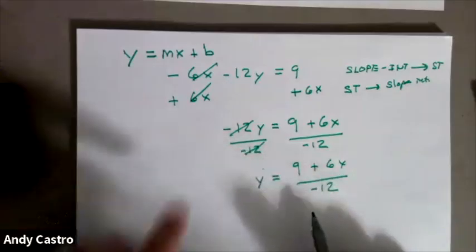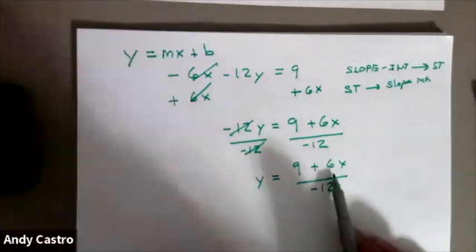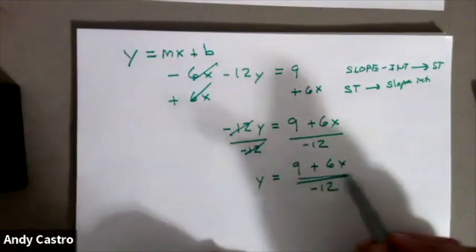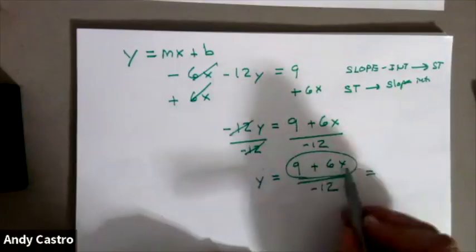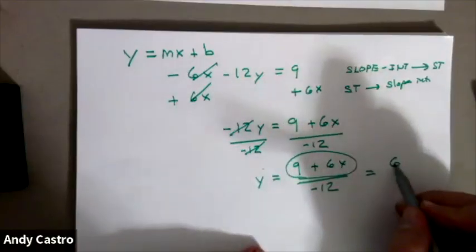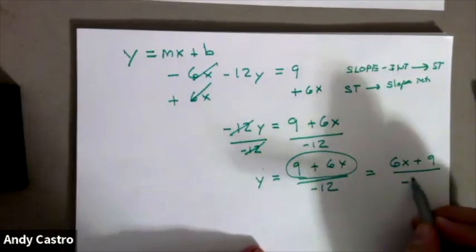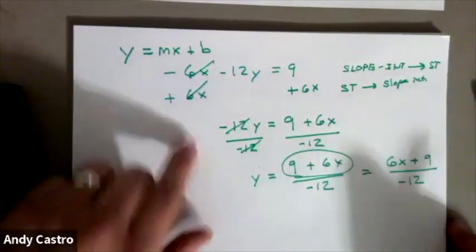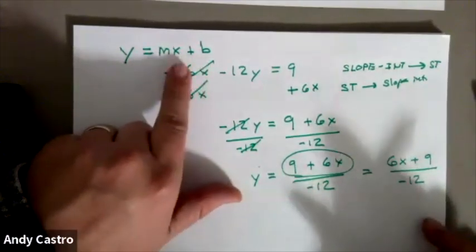All right, but that doesn't really look like this. So first of all, the x part has to be first. Since I can add things in any order I want, I can just switch those two's place and do 6x plus 9 all over negative 12. But I need a plus with no common denominator between them.